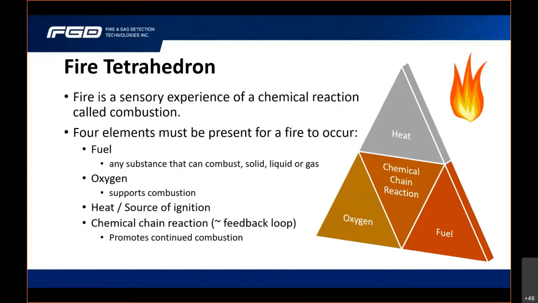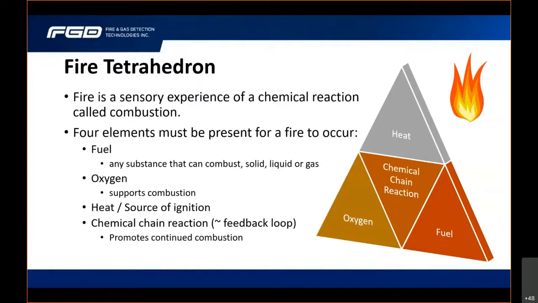And one of the things that I had always been taught growing up was there was always a fire triangle. That fire triangle basically was the elements that, if they were all present, allowed you to have combustion. If you took any one of those away, the fire would go out.